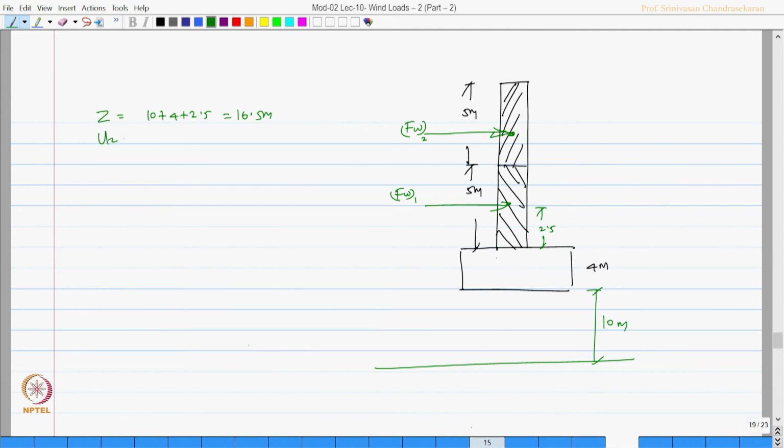So, u z is going to be 70 into 16.5 by 10 to the power 1 by 13, which I get as 72.749 meter per second.